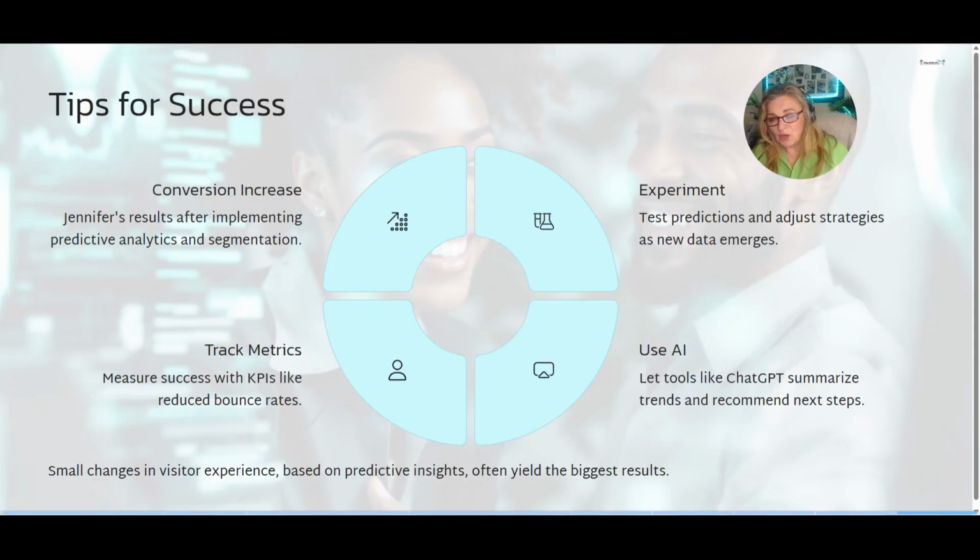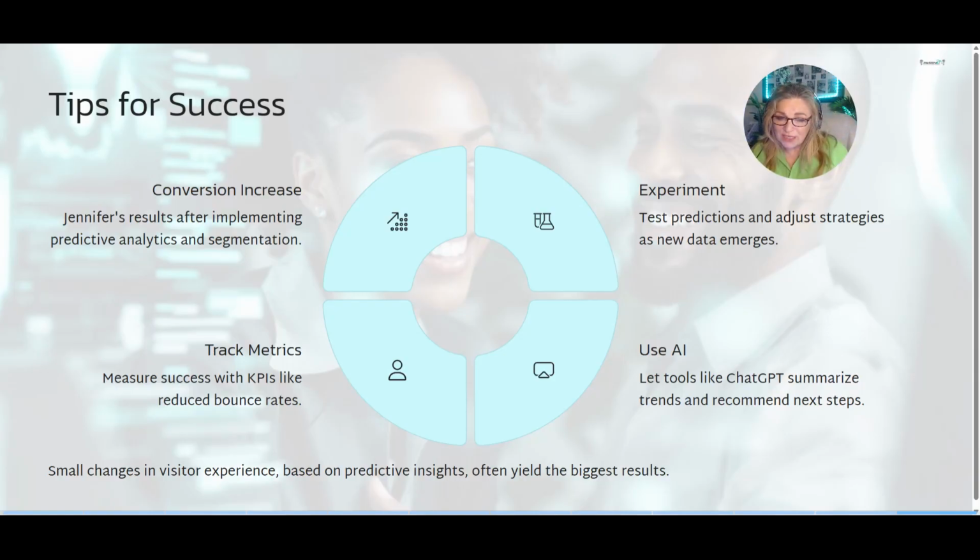Tiny tweaks in user experience, especially ones based on predictive insight, can drive massive improvements. And tools like Hotjar and PredictHQ will help you find exactly where to focus, so you've got less faffing about and more impact.